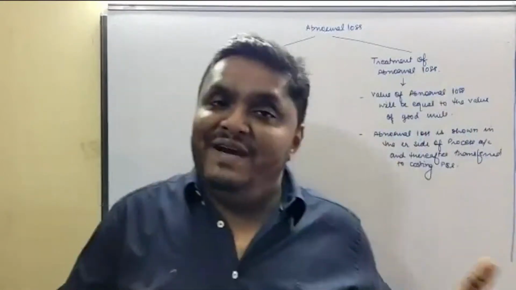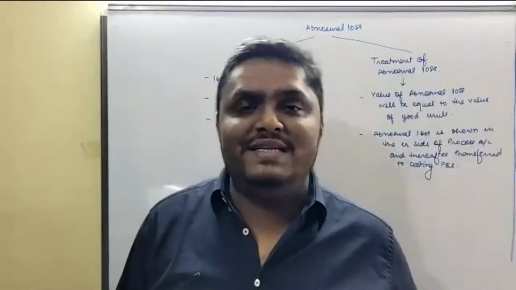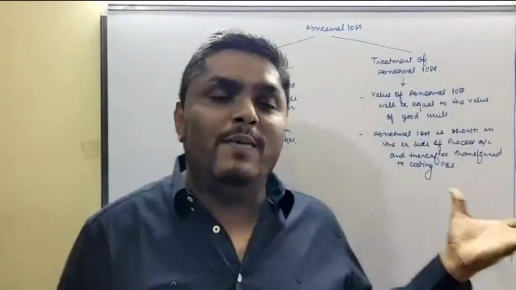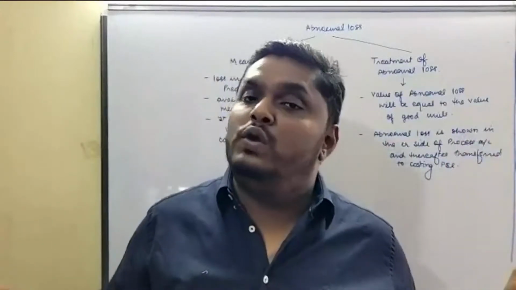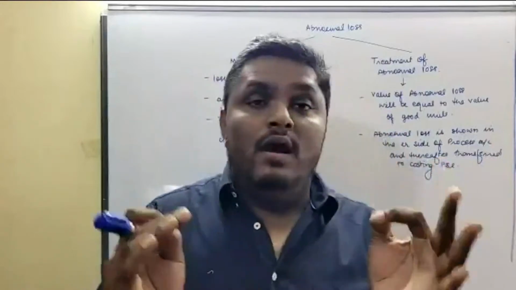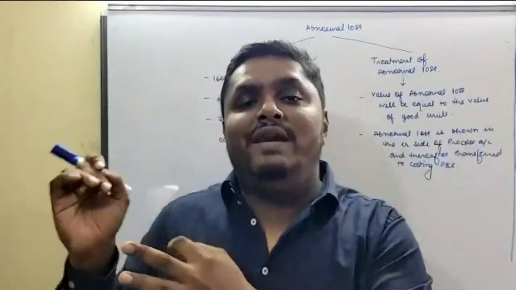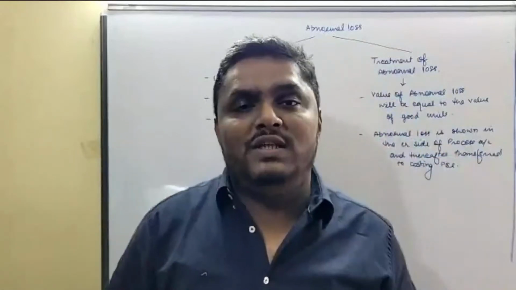It cannot be predicted well in advance, and this loss is in excess of the normal loss. When talking about the treatment of abnormal loss, the value of abnormal loss will be equal to the value of good units. Further, abnormal loss is to be shown in the credit side of process account and further transferred to costing P&L.